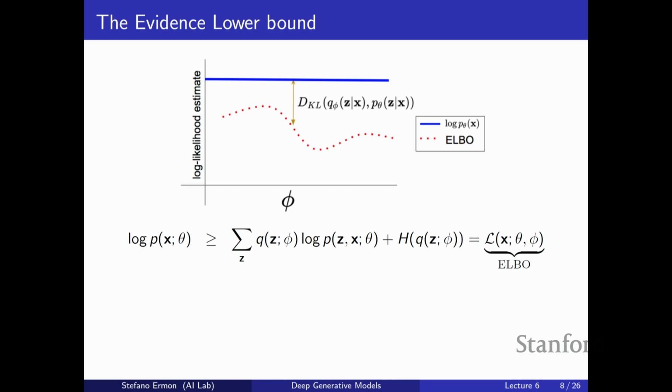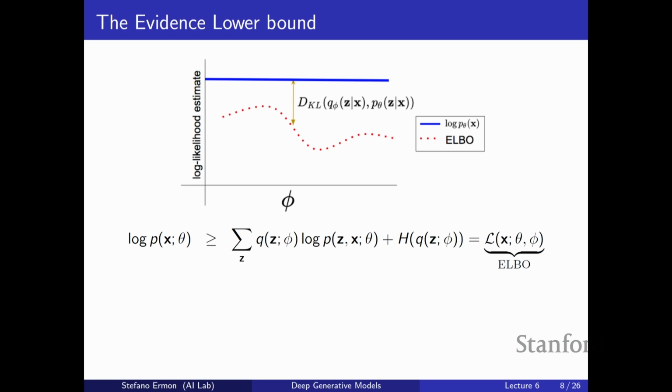And we're going to try to jointly optimize this right-hand side over theta and phi, so that by optimizing phi, we make this lower bound as close as possible to the thing we care about. And by optimizing theta, we are pushing up a lower bound on the marginal likelihood, which is again a surrogate to the maximum likelihood objective.